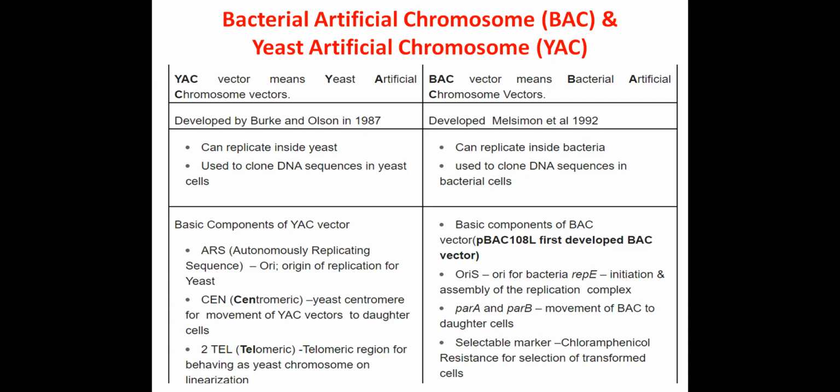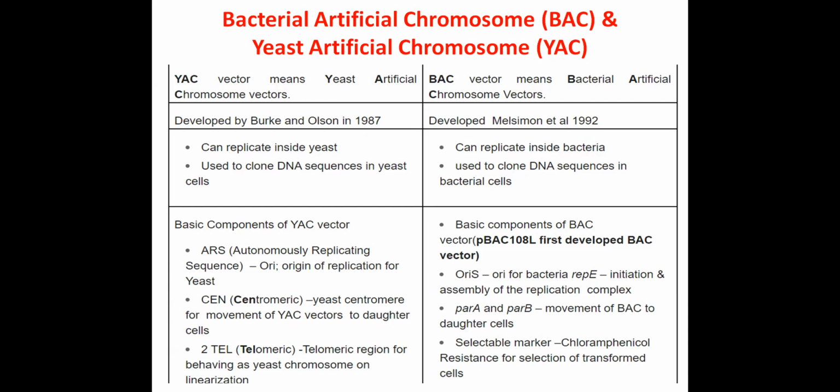In the case of BAC, the host is the bacterial cell, and it can replicate inside the bacteria. The basic components of the YAC vector are the autonomously replicating sequence, the origin of replication for yeast, then the centromeric region which helps in the even segregation of YAC in the daughter cell. Then it has the telomeric region for stability of the vector.